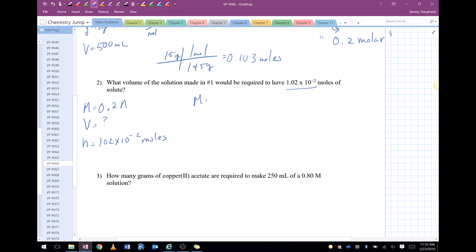Okay, so again I'm going to use molarity is equal to moles divided by liters. I'm looking for liters, so that's moles divided by molarity. So my moles is 1.02 times 10 to the negative second. My molarity is 0.2.